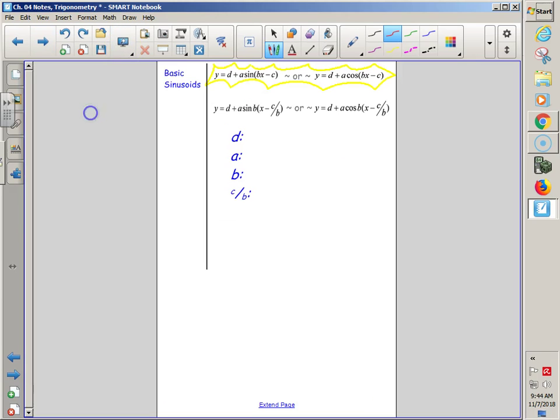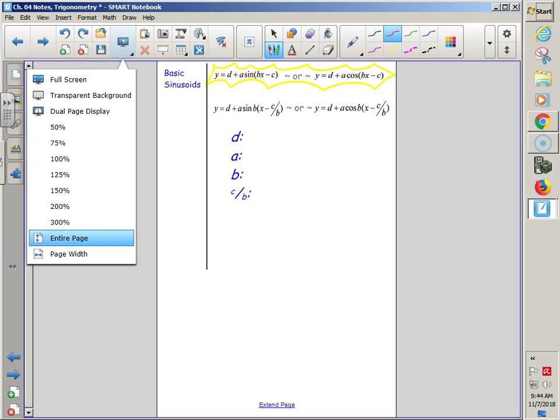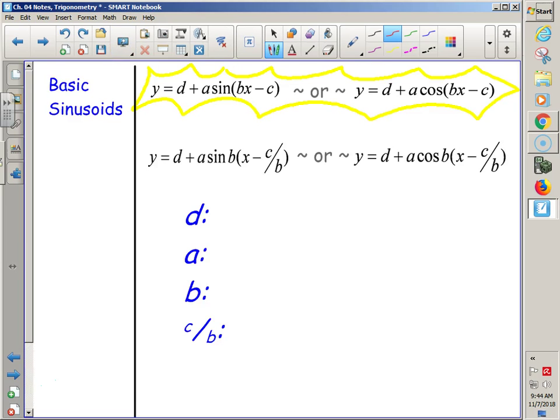It's basically shortcuts to graphing transformed sinusoids.